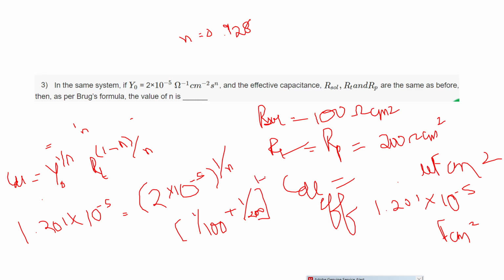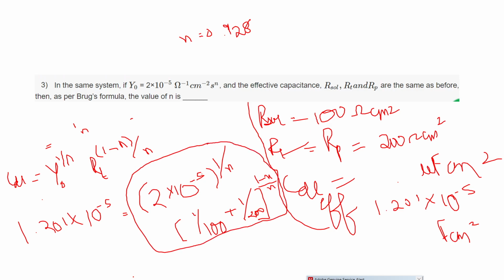So what can you do? You'll have to change the values of n and check for what value of n. You can either try 0.1, 0.3, something like that. You just change the value of n and check for what value of n this entire expression approximates to 1.201 into 10 to the power minus 5. Once you get that range, try to narrow it down.